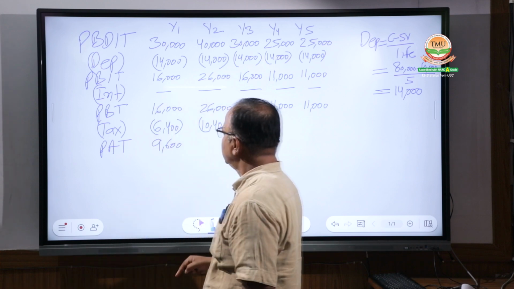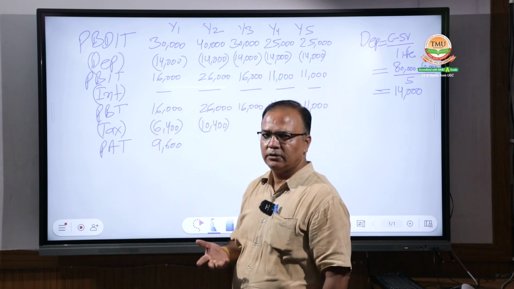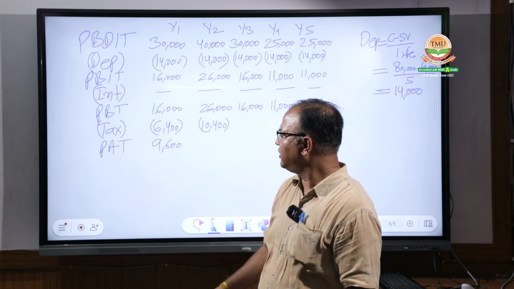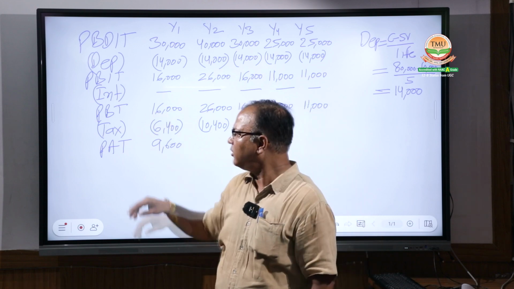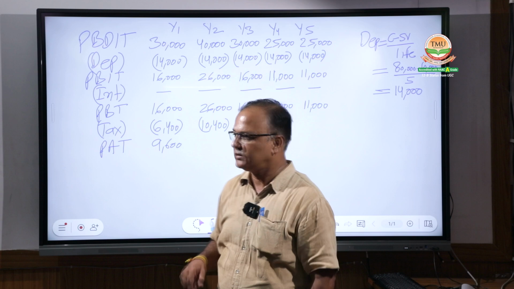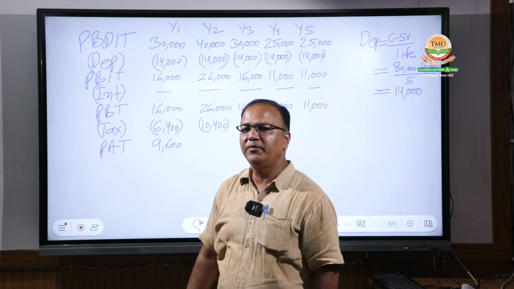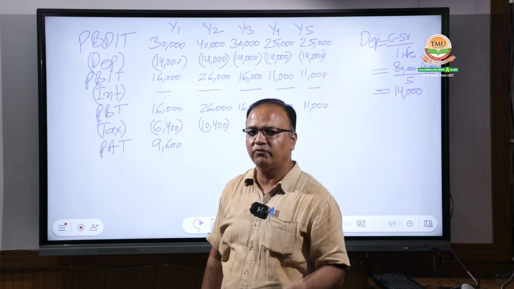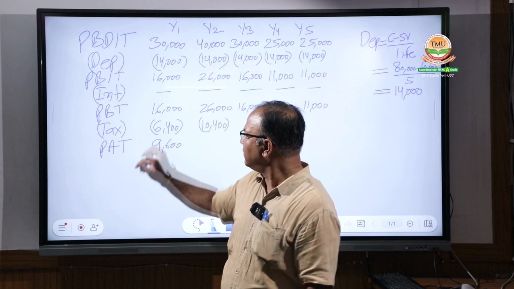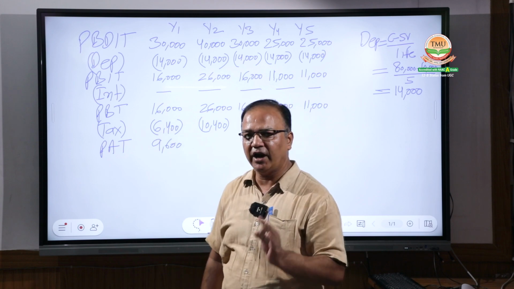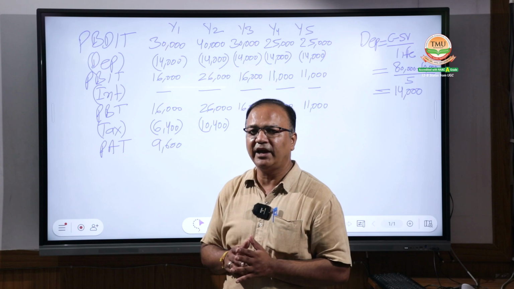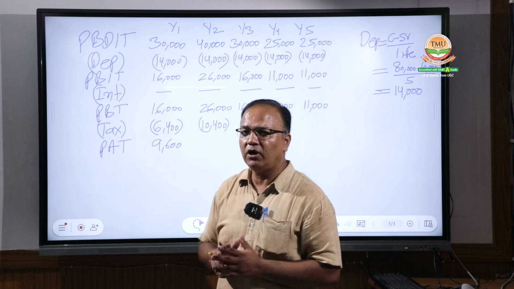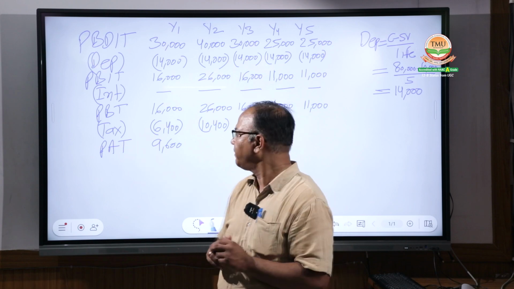I think you are able to understand what I am doing. I am charging tax on profit before tax. If profit before tax is 16,000 and the tax rate is 40%, it will be 6,400. If we deduct 6,400 from 16,000, the resultant will be 9,600, and it will be called profit after tax.